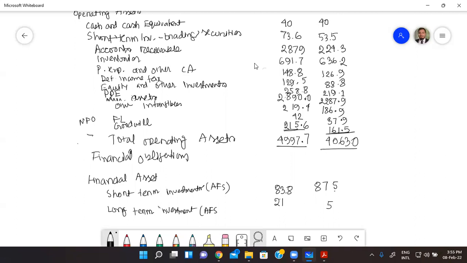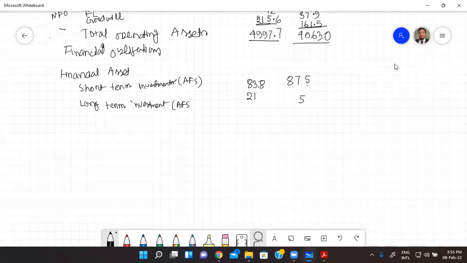Okay. So in financial obligations, what can I do? We can see which are our financial obligations. We see we have long-term debt. You see the long-term debt. Okay, it should start from current liabilities. In the current liabilities, let me separate it out.